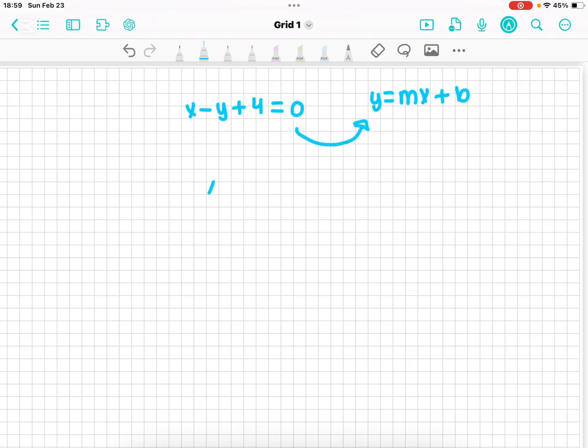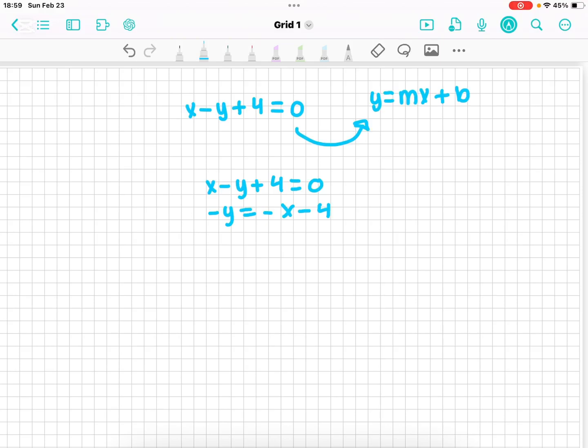This one's an easy one. We have x minus y plus 4 equals 0. We want to have y on one side and the other terms on the other side. So let's move x and 4 to the side where 0 is. We're gonna have negative y equals negative x minus 4. This looks weird, right?